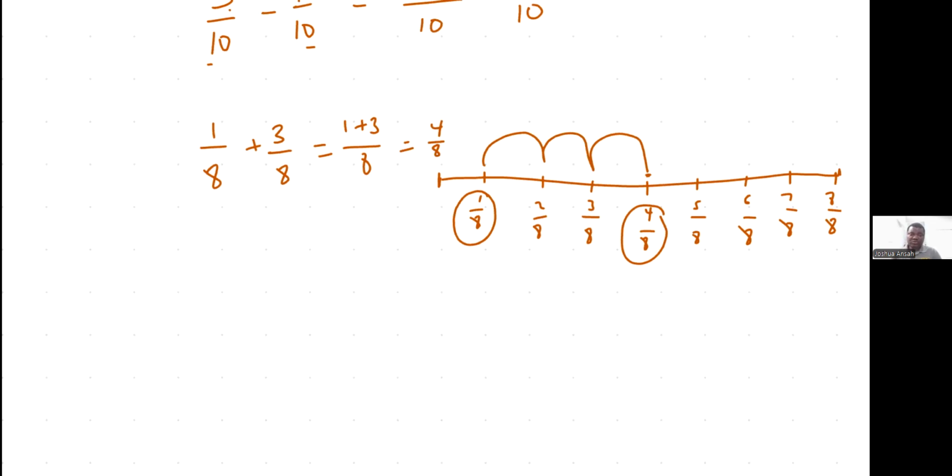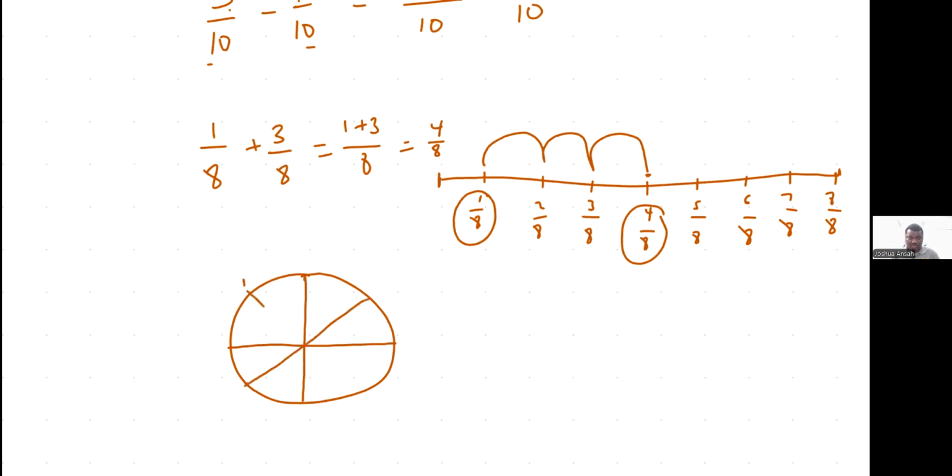You can either use the number line, or you use the algebraic method. Or even if you want to use other models, let's say I have a pie, which I divide into 8: 1, 2, 3, 4, 5, 6, 7, 8.